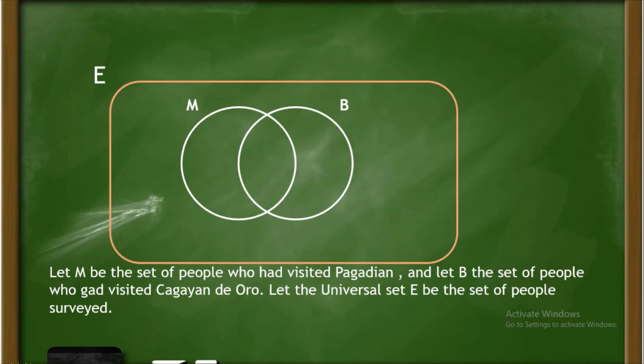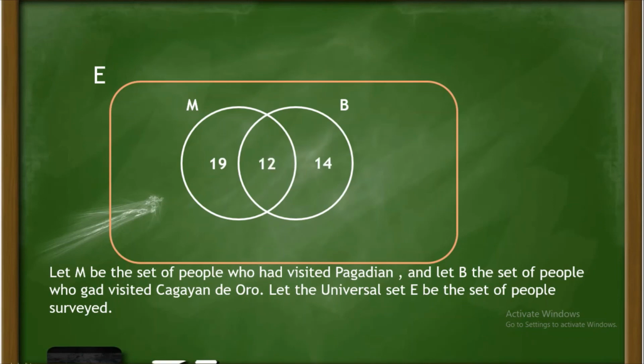So, ang una nating gagawin is we're going to put the number who had visited both cities, and that is 12.